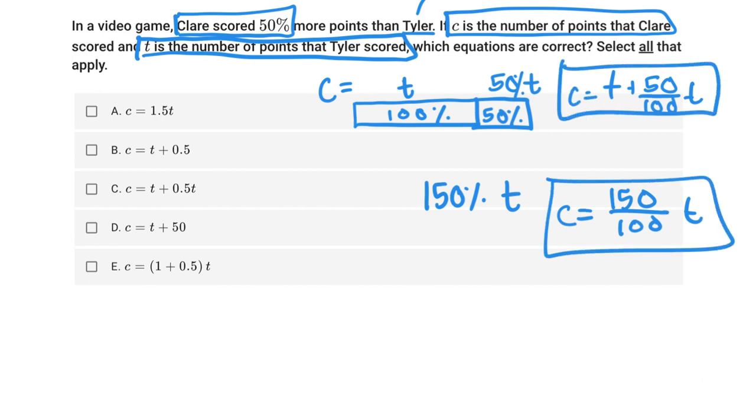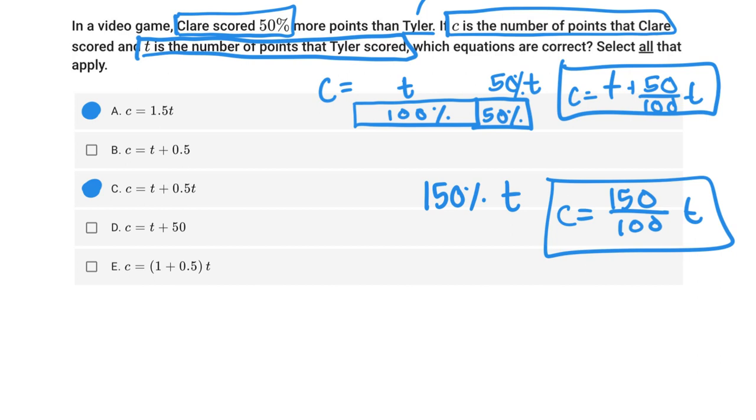Now notice that they took my fractions and they divided them. So they found the number for them. If we go 50 divided by 100, that's 0.5T. So that means question C works. And then also question A works.